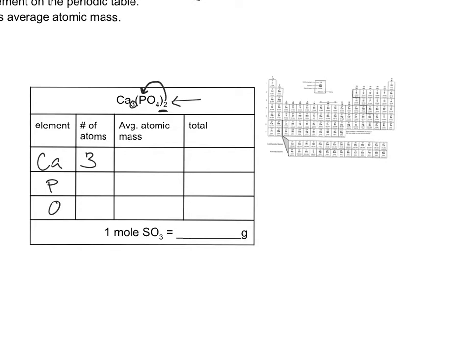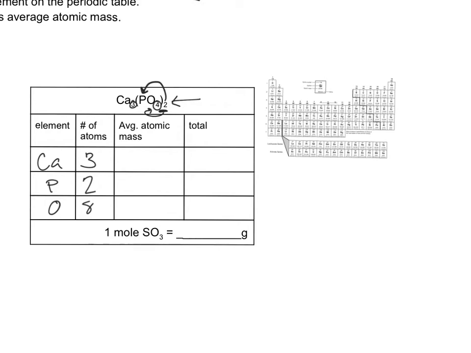So it'll go here with P. So there's 1 P inside the parentheses times the 2 outside the parentheses. So that's a total of 2 phosphoruses. And then oxygen has 4 inside, multiplied by the 2 that gets distributed for a total of 8 oxygens.